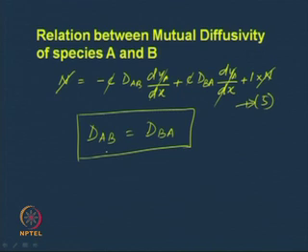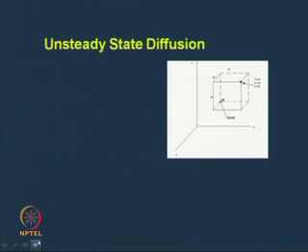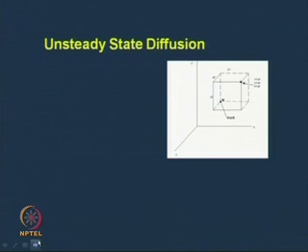So, now we will move to unsteady state diffusion. Unsteady state diffusion is defined as the change of concentration of a particular component in the mixture over time. We will try to derive the unsteady state diffusion equation, which is Fick's second law of diffusion.